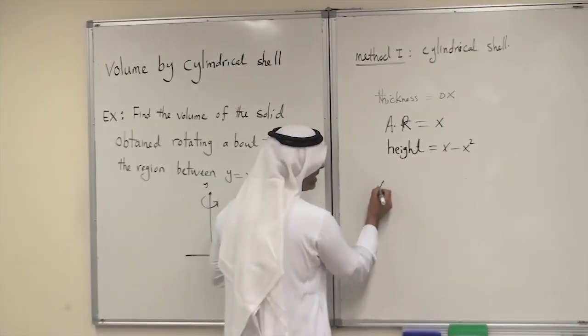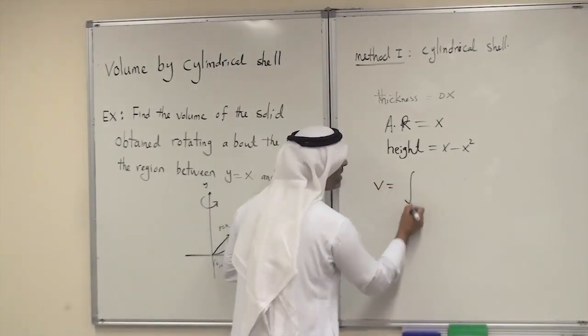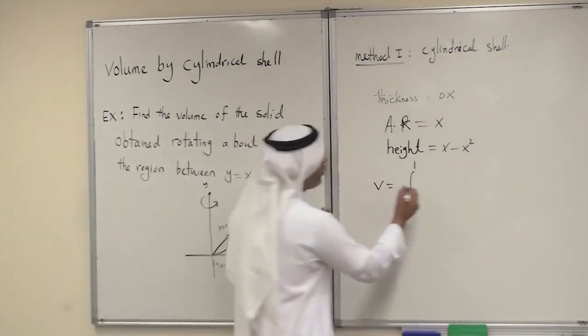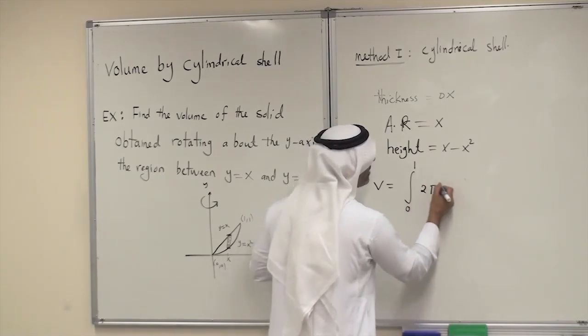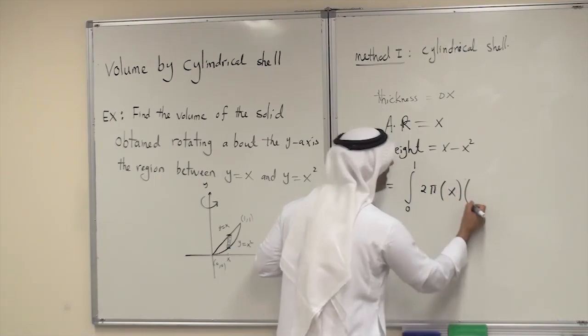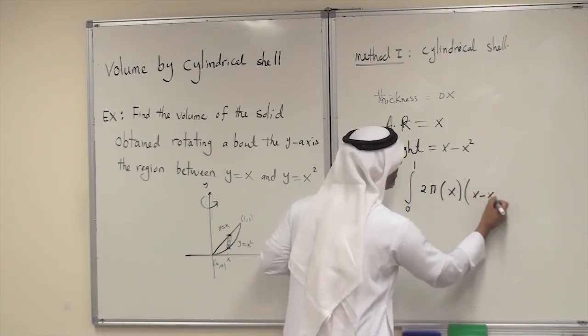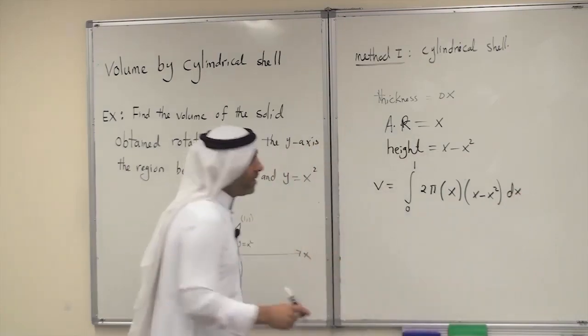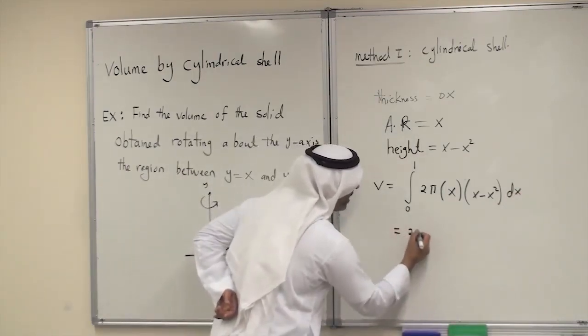Then the volume is equal to the integral from 0 to 1, because x is moving from 0 to 1, of 2 pi times the average radius x, times the height x minus x squared, times the thickness dx.